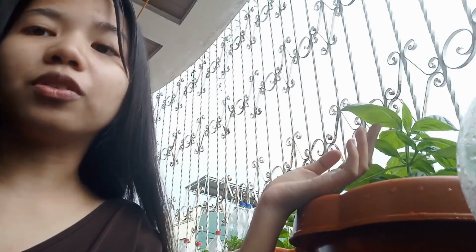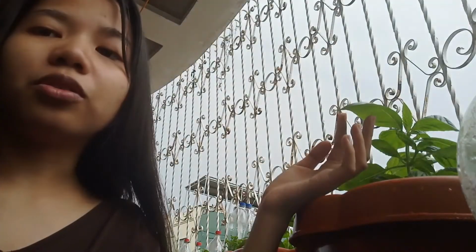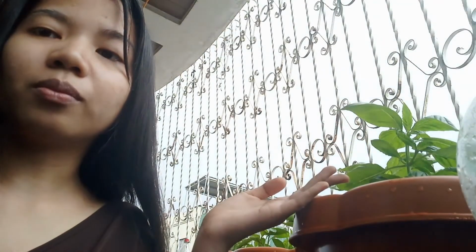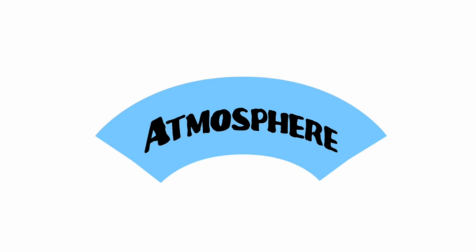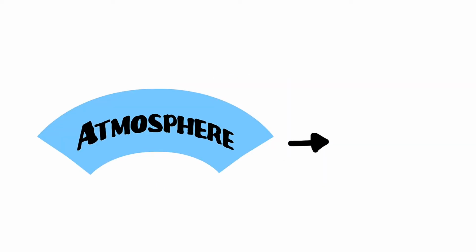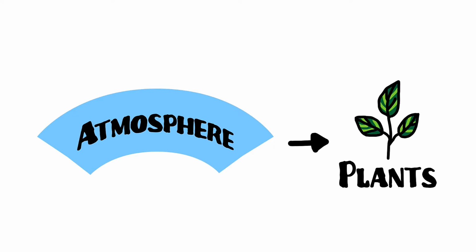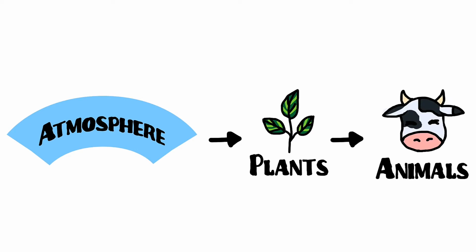The continuation of this cycle is when the animals consume these plants. So, from the atmosphere, the nitrogen goes into the plants through various processes to turn it into the form needed to be absorbed, and then these plants are consumed by animals.